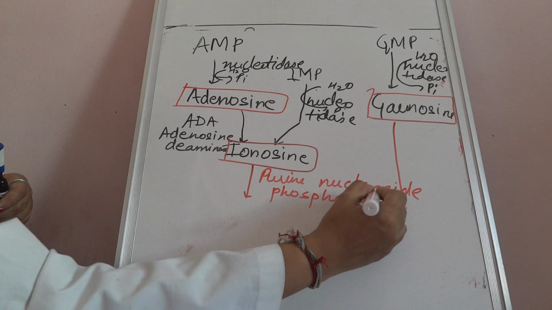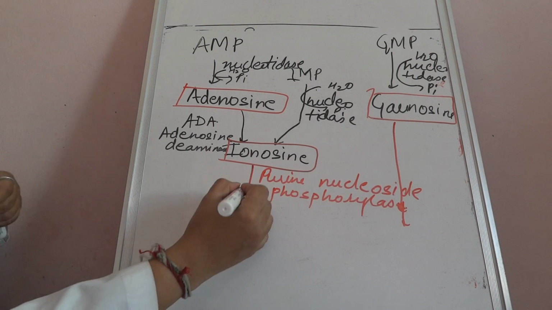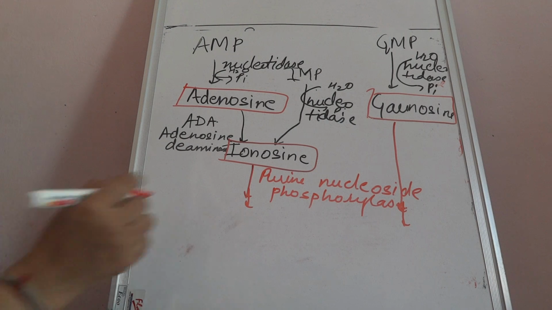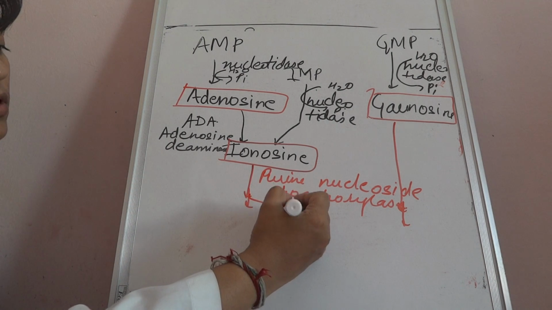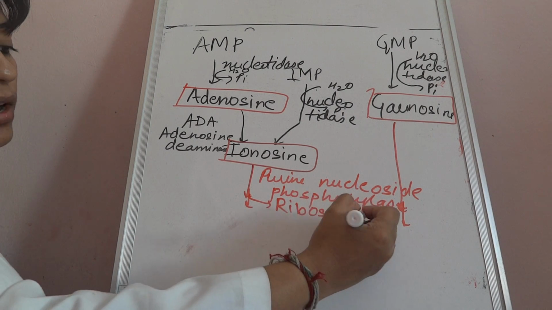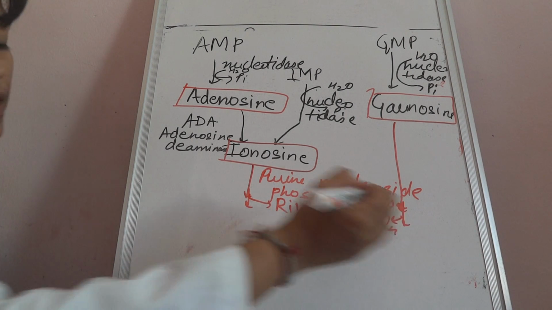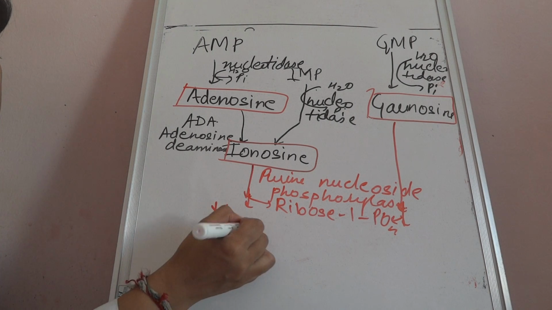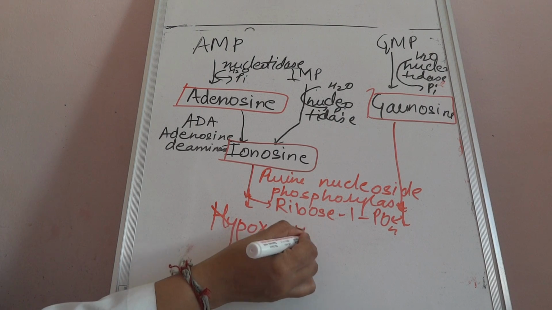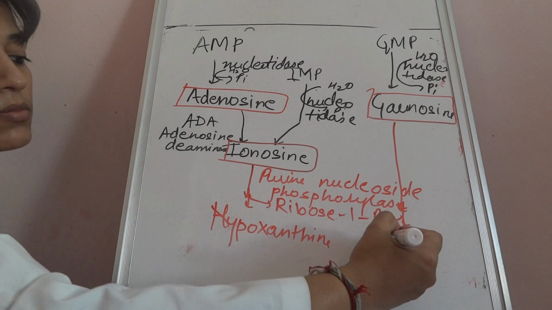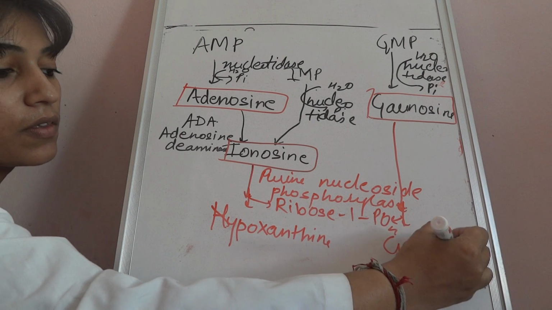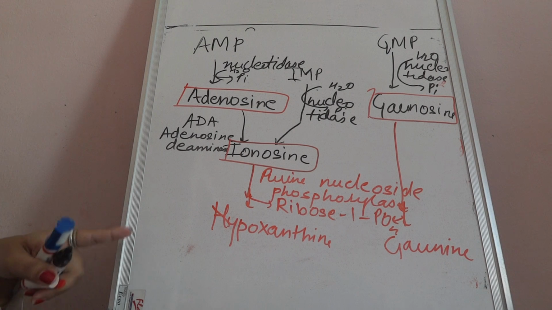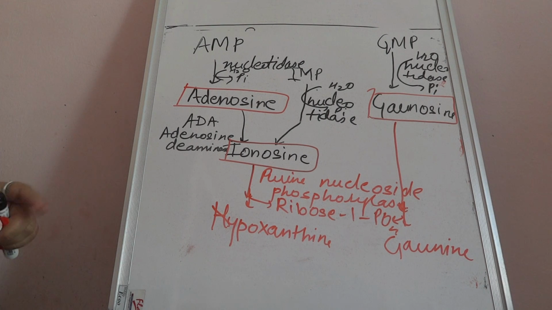When they undergo the reaction in the presence of purine nucleoside phosphorylase, ribose 1-phosphate is removed, and in turn inosine forms hypoxanthine and guanosine forms guanine. So inosine formed hypoxanthine, guanosine formed guanine in the presence of the enzyme purine nucleoside phosphorylase.